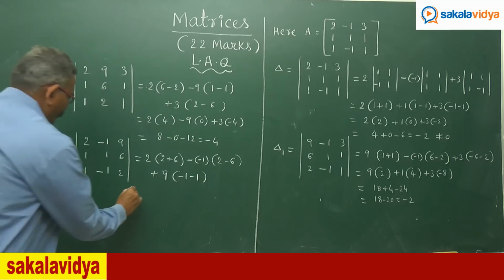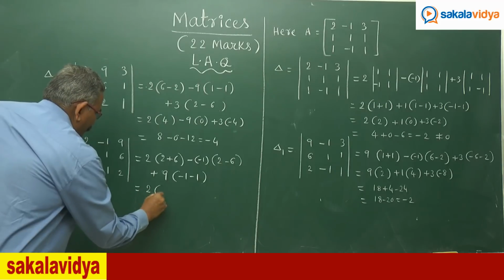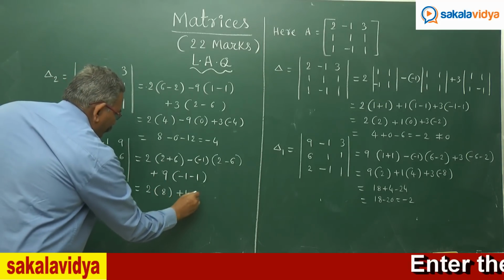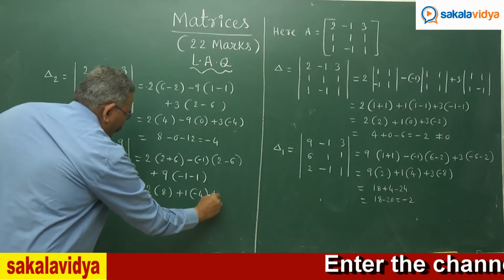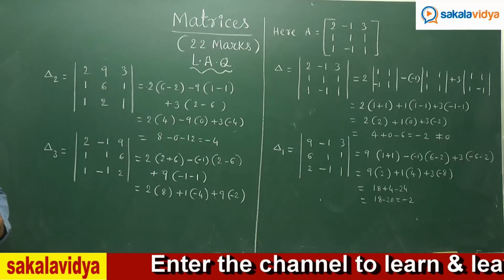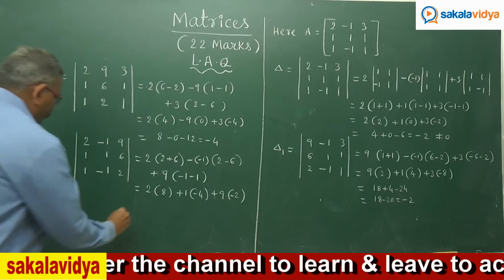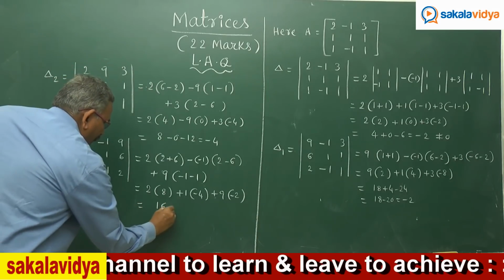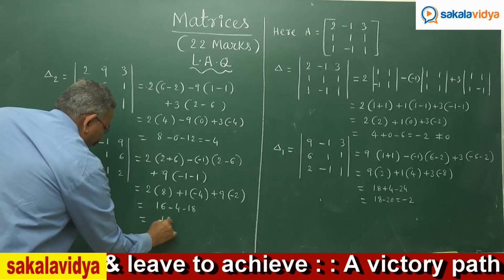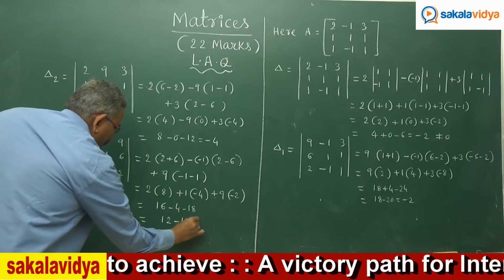Now 2 times 8, plus 1 into minus 4, plus 9 into minus 2. Check the calculations carefully. 16 minus 4 minus 18. This is 12 minus 18. This is minus 6.